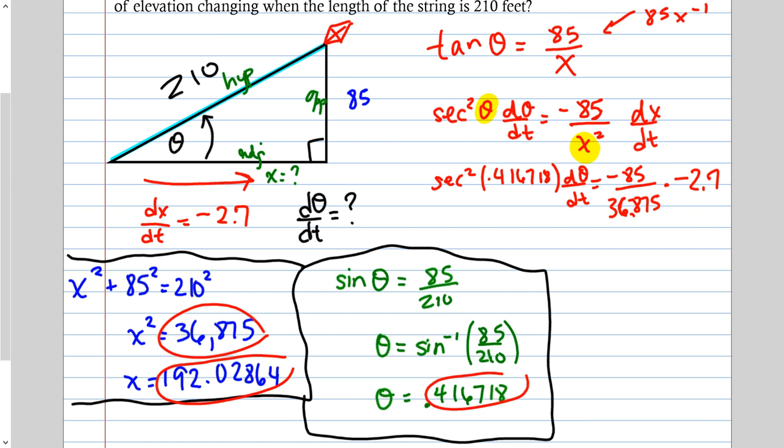So then you would just multiply those hideous numbers right there. Negative 85 times negative, oh, negative times a negative makes it positive. I'm pretty sure this should be negative. Maybe I drew the triangle wrong. I'll take care of that at the end. So 85 times the 2.7 divided by that there.